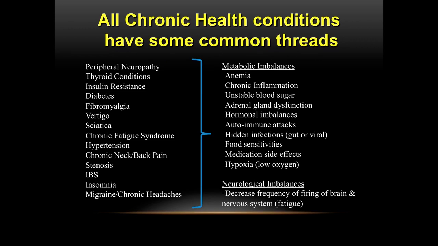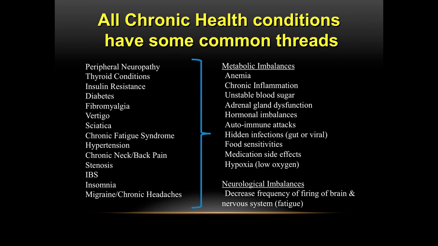Now, I think this is one of the most important slides of the whole lecture, and basically what it says is, for any condition on that left-hand side to become an issue, you have to have some metabolic imbalance as well as a neurological imbalance. It could be a little bit different for everybody what that condition is that creates the neuropathy. So it could be anemia, chronic inflammation.